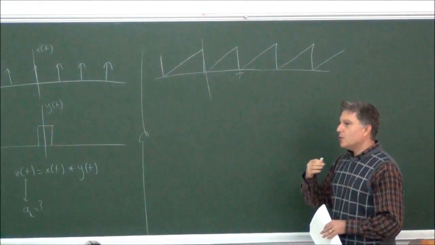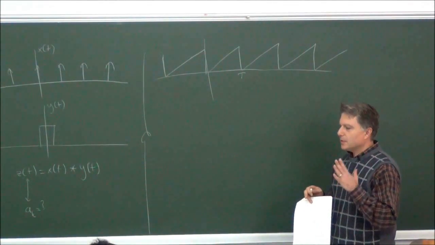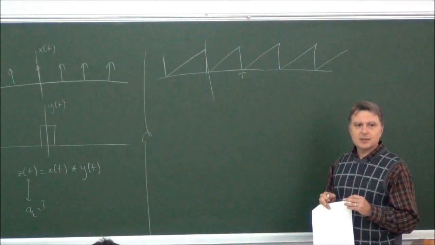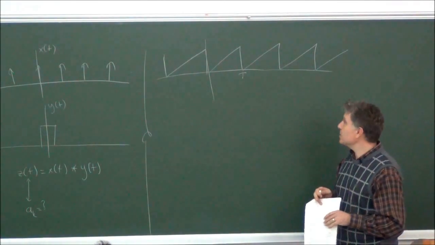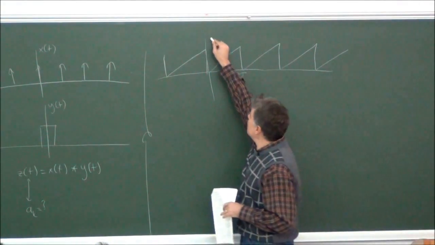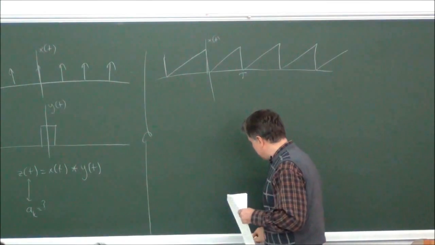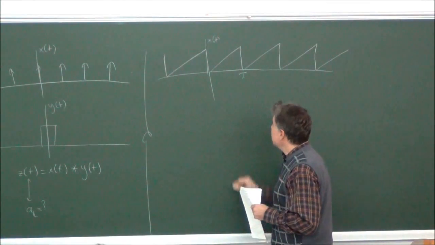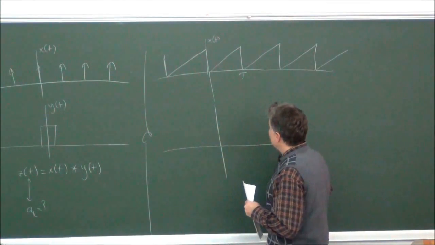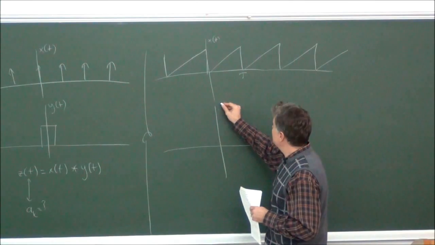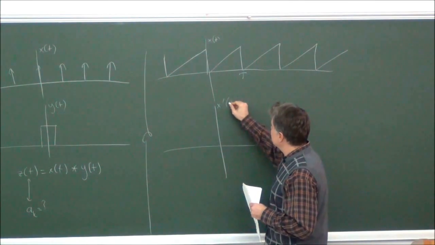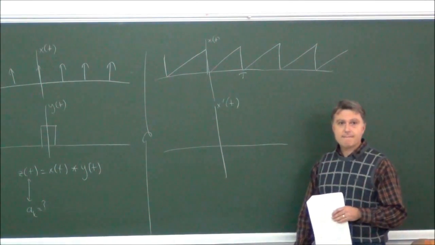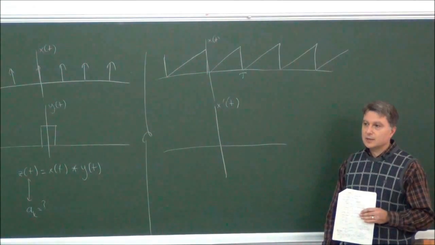For example, instead of directly applying the integral formula for the Fourier series coefficients, what I would do is, if this is x of t, then I would take the time derivative of it and take a look at what's happening.